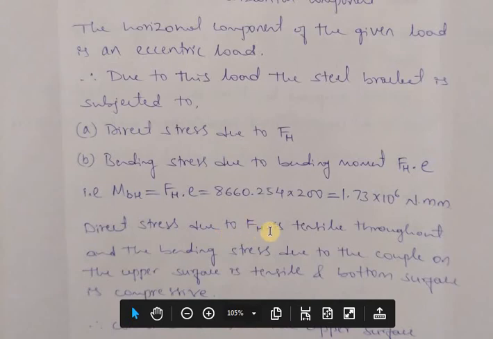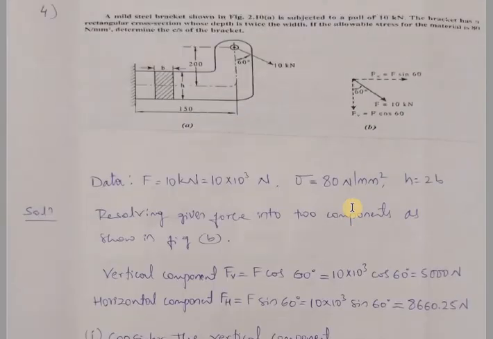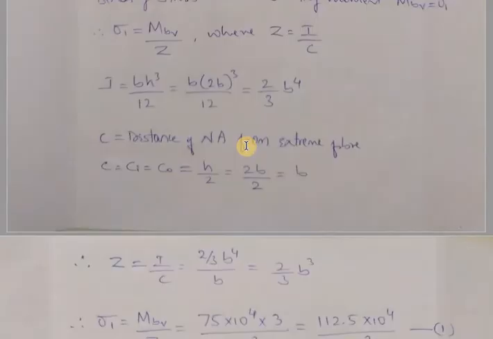Direct stress due to the horizontal force FH is tensile. So when this horizontal force is applied, this bracket tends to move in this direction horizontally. That means the entire bracket is subjected to tensile stress, and due to the bending moment, due to this eccentricity 200, it is subjected to bending stress.